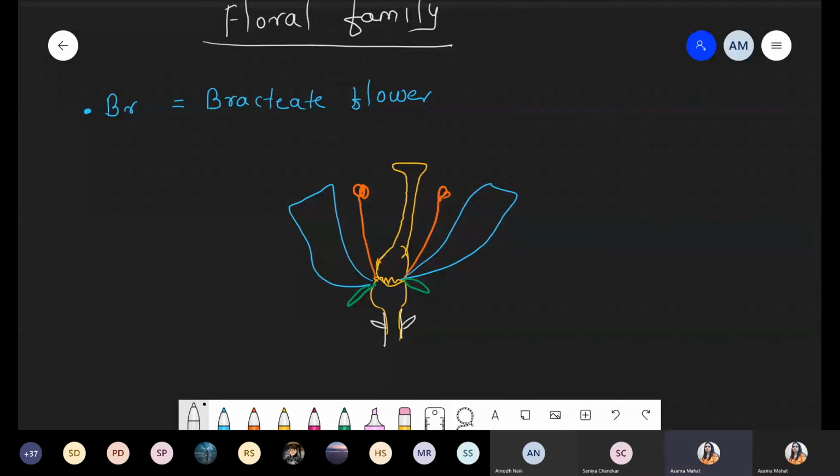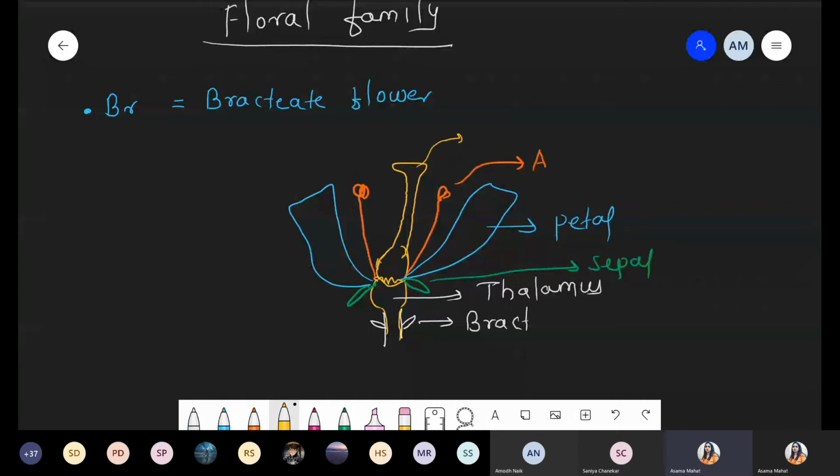Okay. So ये जो structure है on the flower, this structure is called the bract. This swollen part is called the thalamus. ये हम देख चुके. That green portion is called the sepal. Now that blue color is called the petal. Orange color part is androecium, and the center part is the gynoecium. So these are the typical position of flower.